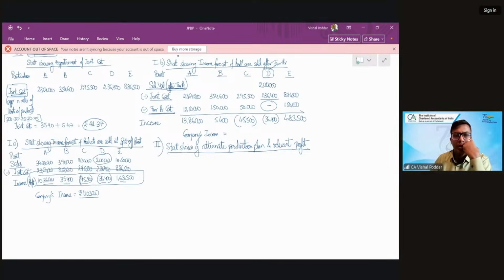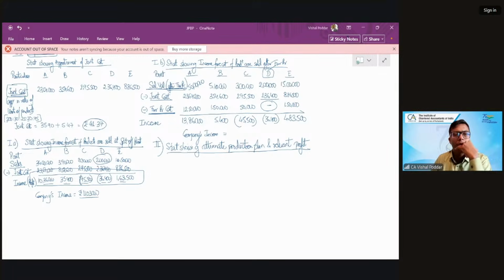Sales values are, this is 50 lakhs. This is 5, 10, then you have 3 lakhs, 2 lakhs, and 15 lakhs. These are the sales values.